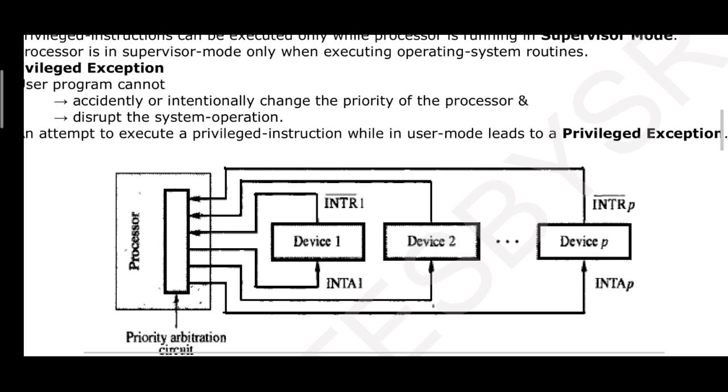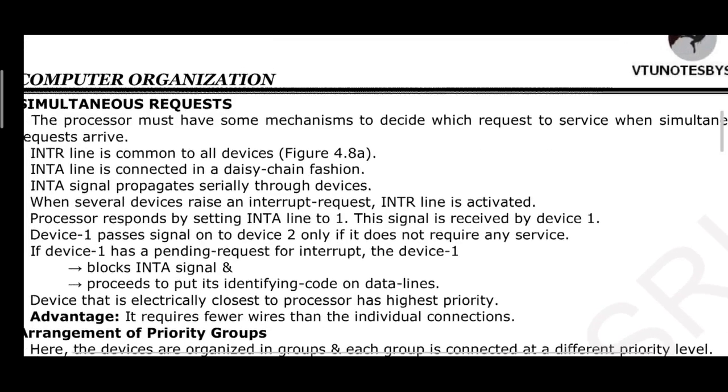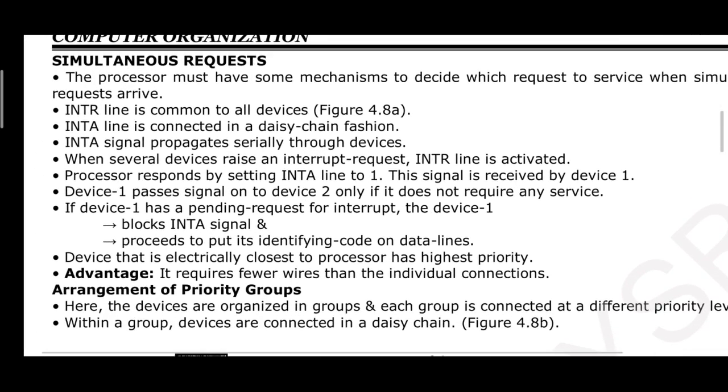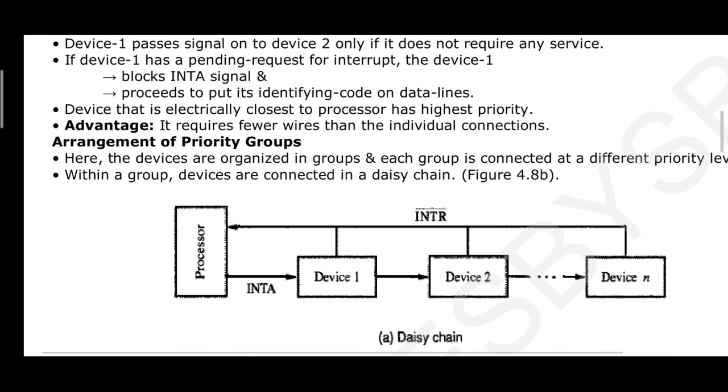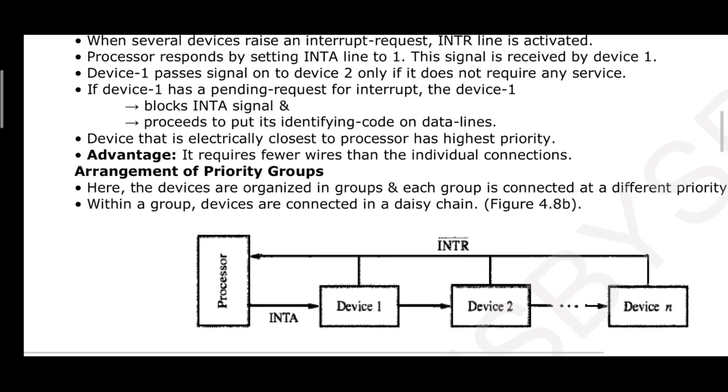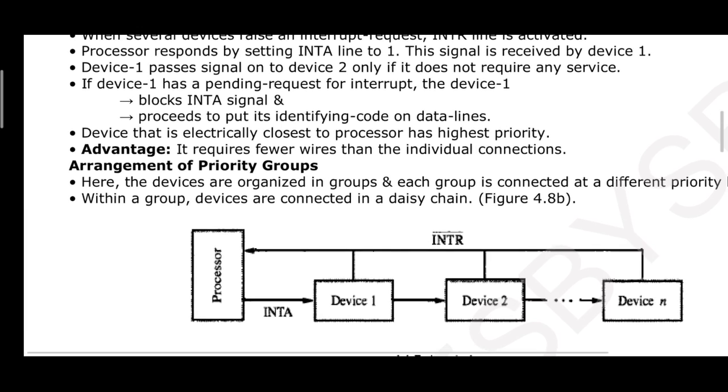Based on the priority value, interrupt requests are handled by the processor in case of simultaneous requests. Very simple topic. That is handling of simultaneous requests: it evaluates the devices based on priority.